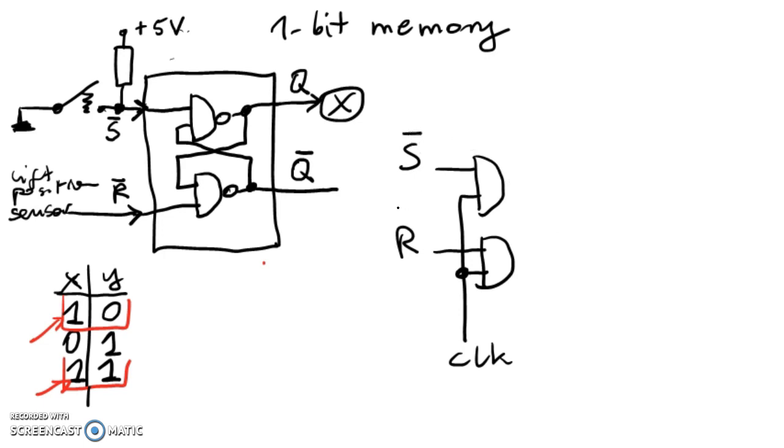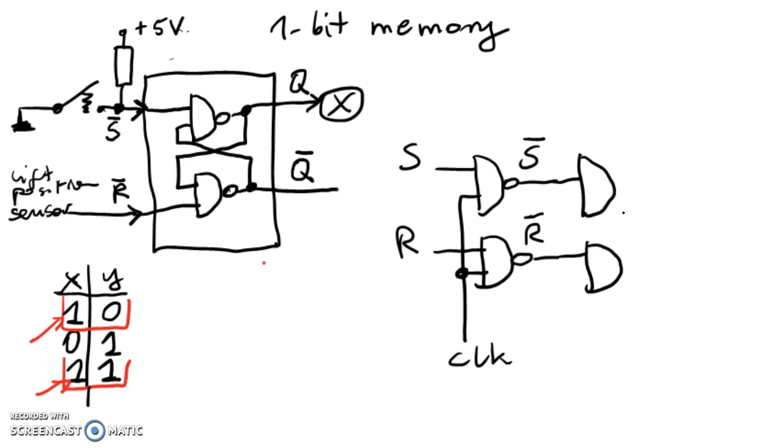Okay, not S, not R. But in order to have positive logic, I mean the active high signals, we should use NAND gates to invert these signals, to have them not S, not R, and use the well-known asynchronous device, the asynchronous latch, which is also constructed using NAND gates. And currently you've got SR, which is the active high version of the latch.